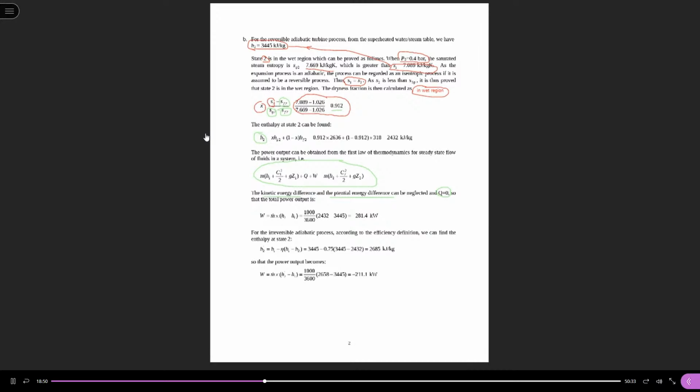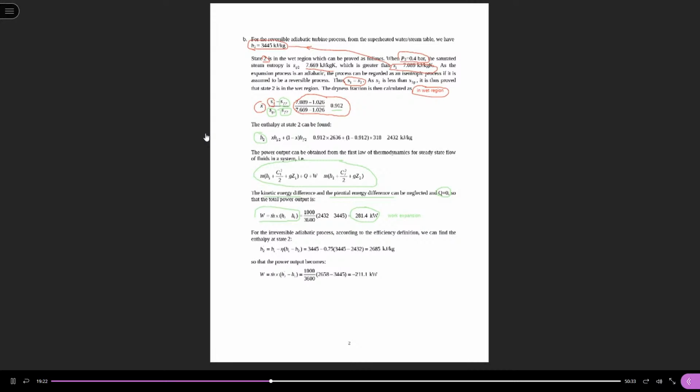So the work output is directly the change of enthalpy. It's a negative, which means expansion, so it's work output.